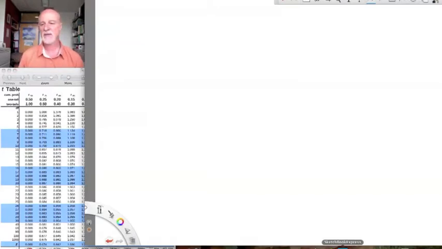Now, we've already talked about one kind of t-test in a previous lesson, where we have t equals yi bar minus mu over SE, and we're testing whether a particular mean could have been drawn from a parametric population with a mean mu, and what is the probability of that.